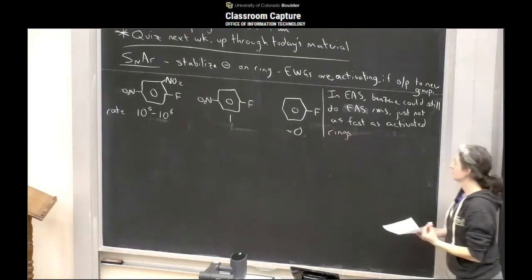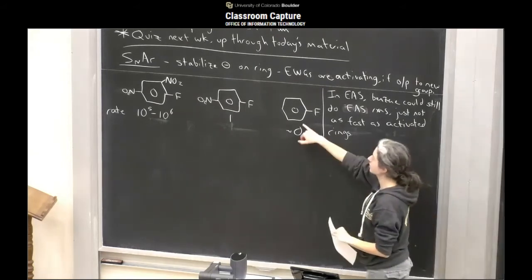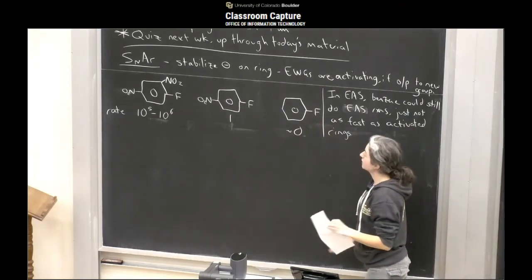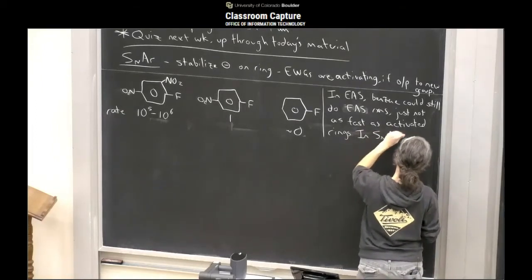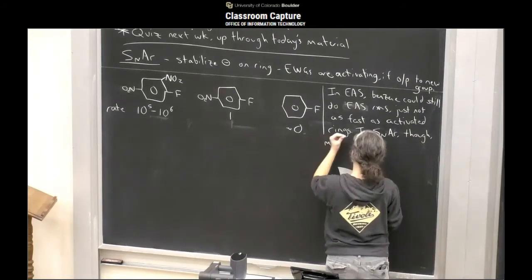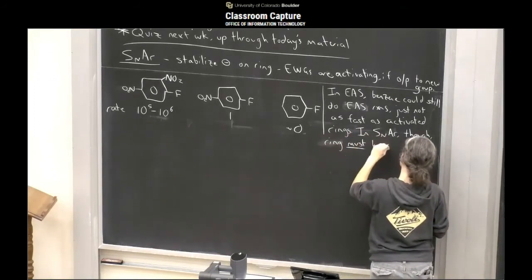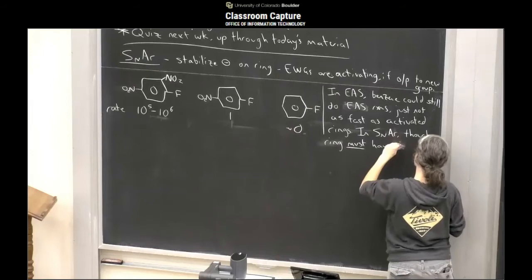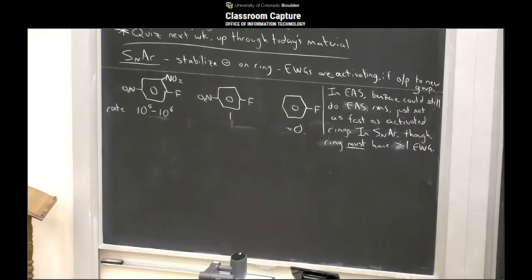Here, on the other hand, in SNAr, not having what's an activating group in this context is actually a total deal breaker. If you try to do this on an unsubstituted ring other than the leaving group, it just will not work. So you need at least one electron withdrawing group.